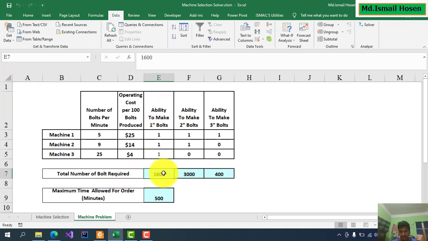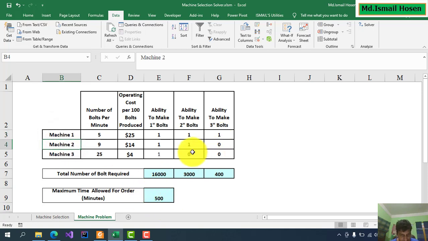So the client wants 16,000 bolts of 1 inch, 3,000 of 2 inch, and 400 of 3 inch. And we have a time limit, the maximum time allowed, which is 500. So that means no machine can run more than 500 minutes.